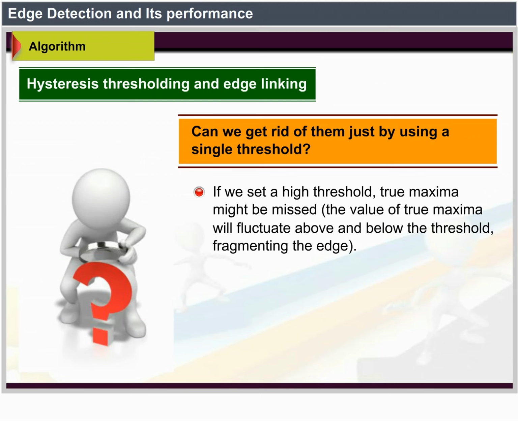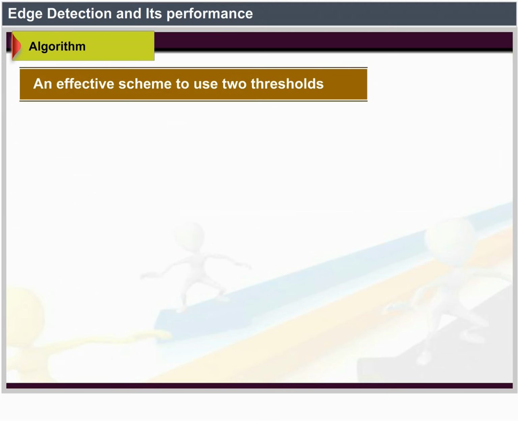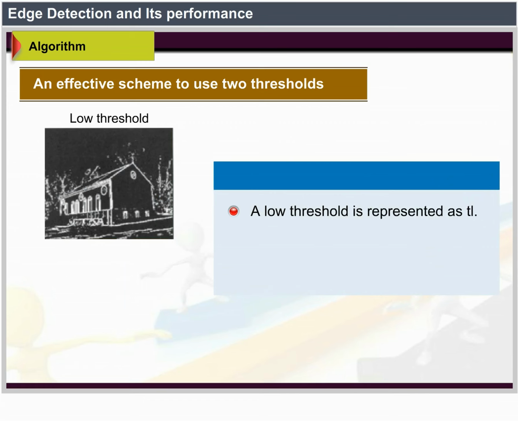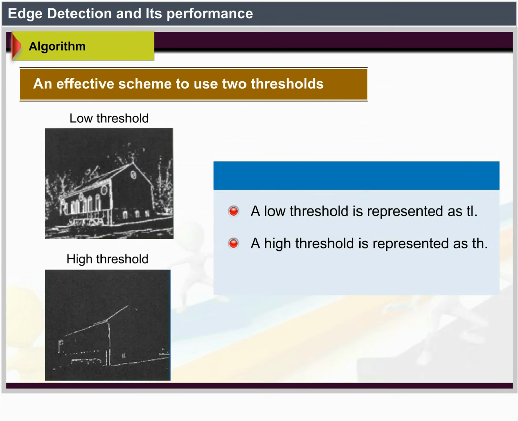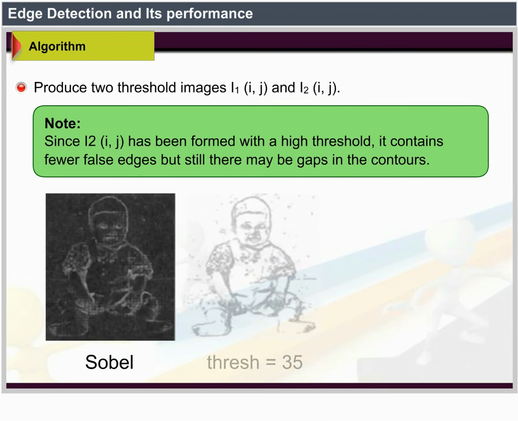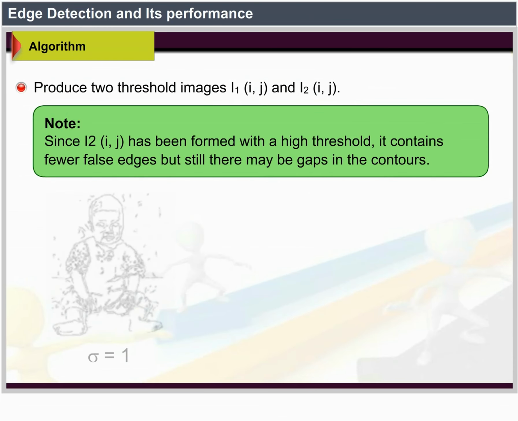A more effective scheme is to use two thresholds. A low threshold, TL, and a high threshold, TH. Usually, TH is approximately equal to 2 TL. It involves the following steps. 1. Produce two threshold images I1 and I2 as seen.